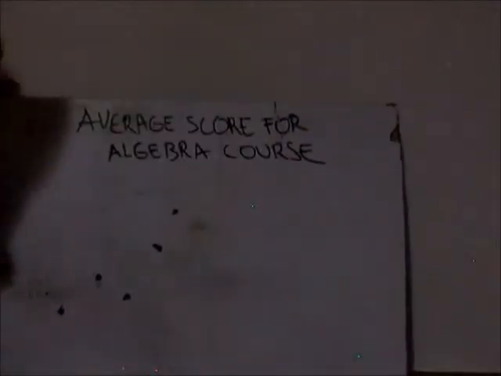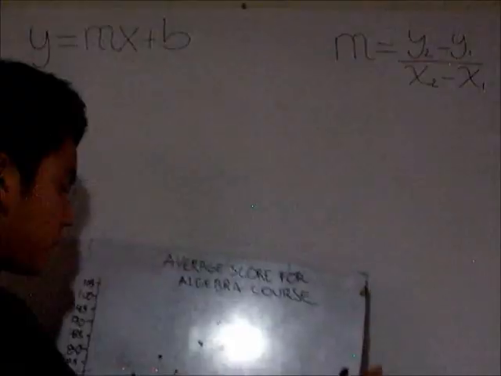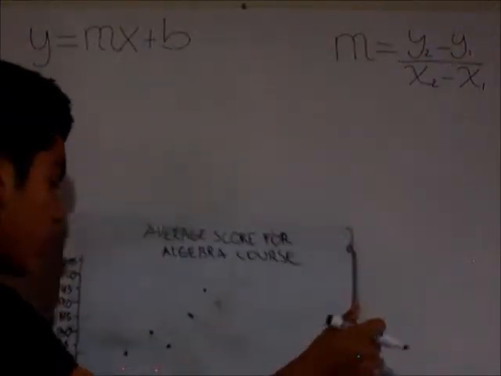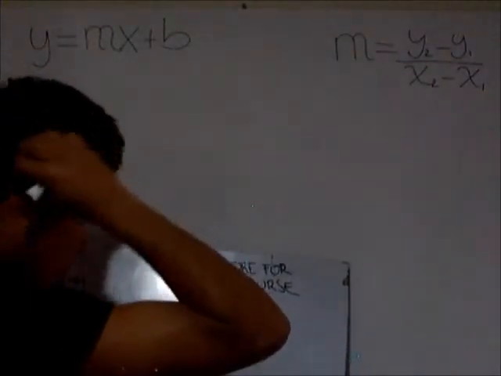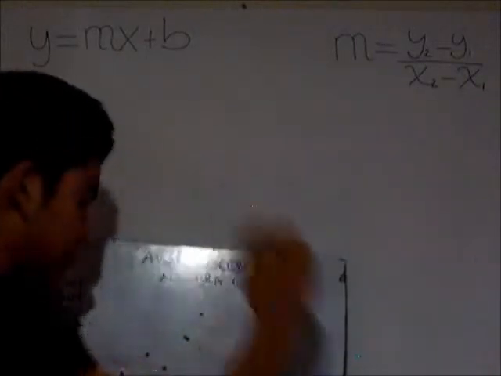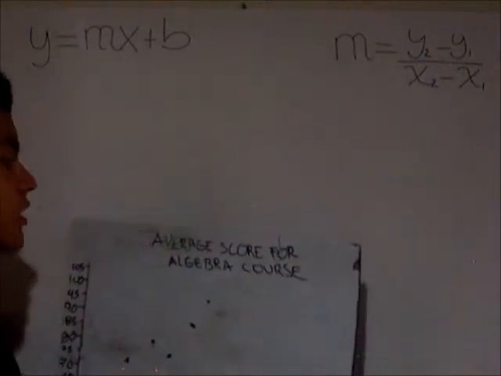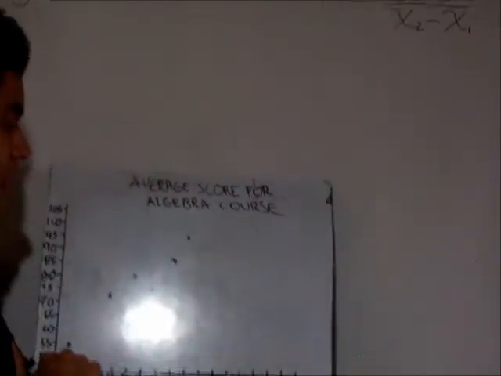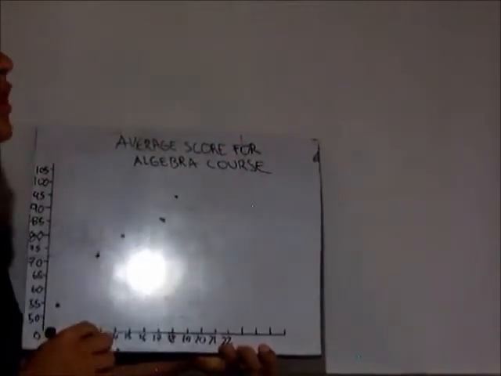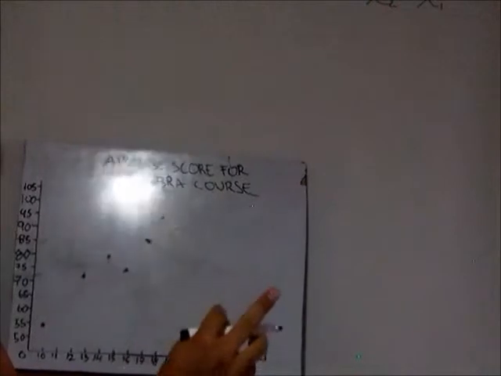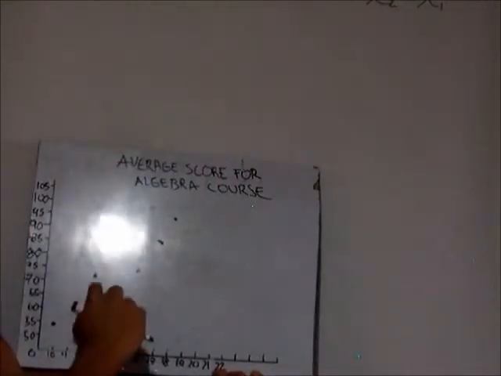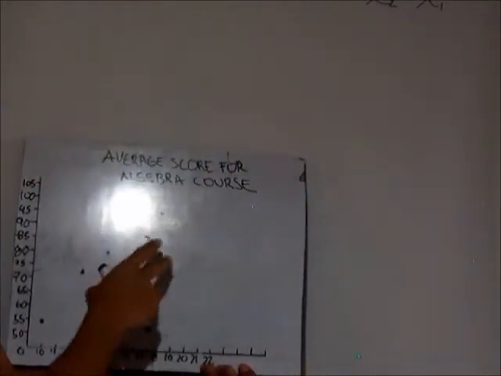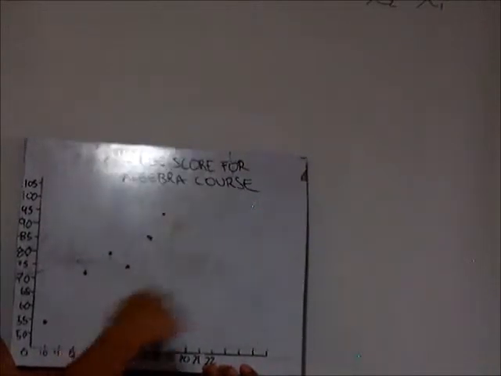So we already answered letter A. B. Use a straight edge to sketch the line that you think best fits the data. What the question is asking is to trace a line that involves as many of the dots as possible. You can do whatever you want, but the line will not pass through all of them.